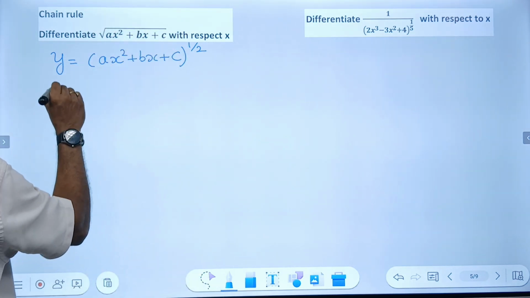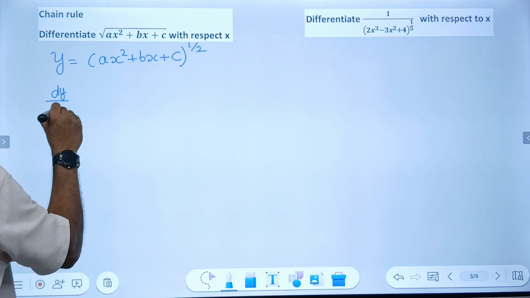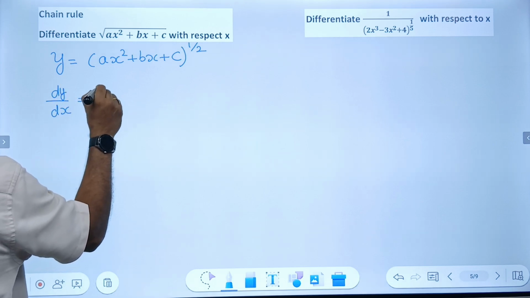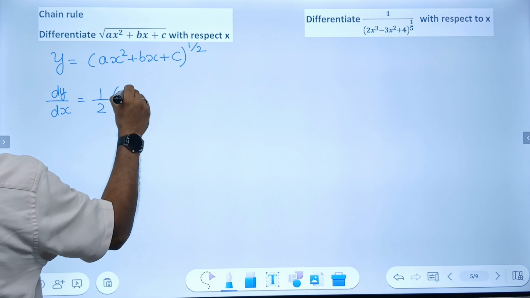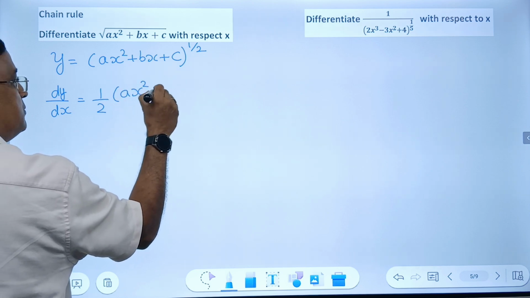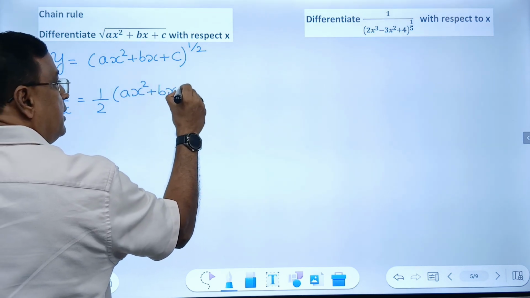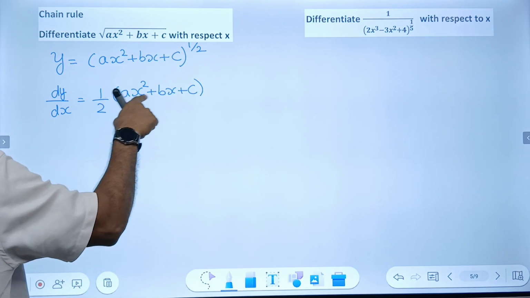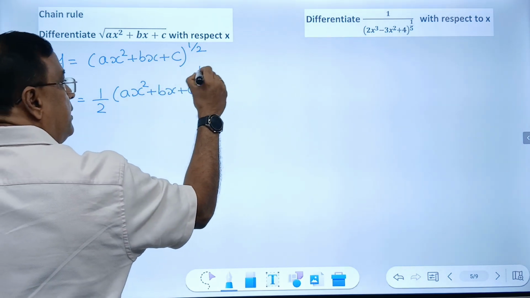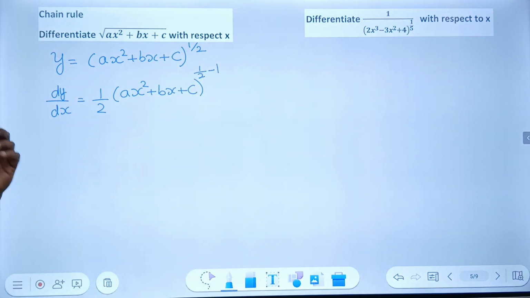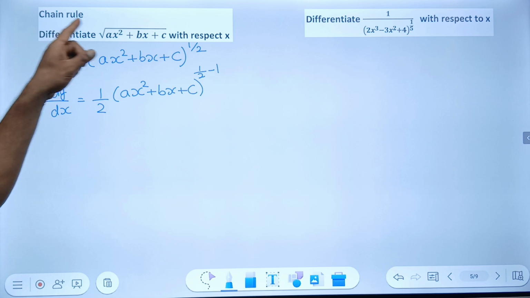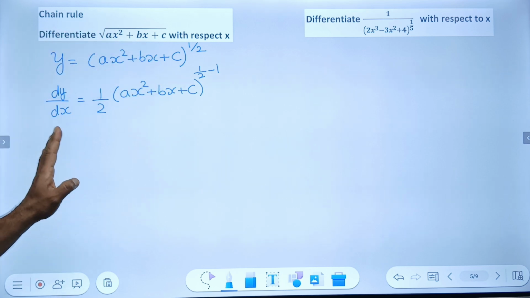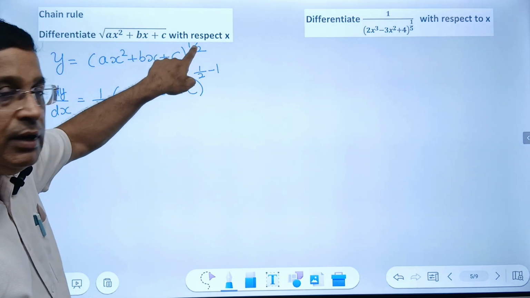So dy by dx, that is the outermost term, will be n into x, where this entire term acts like x for me: n into x to the power of n minus 1. Done? So I am done with the power.